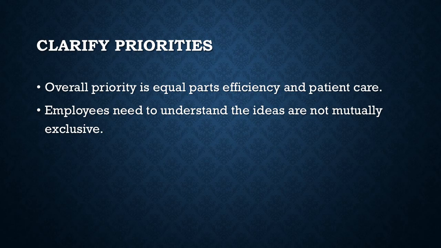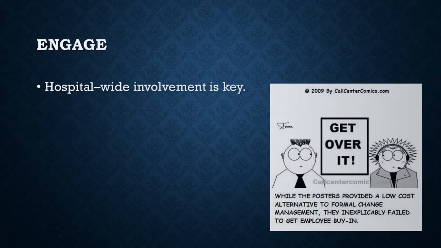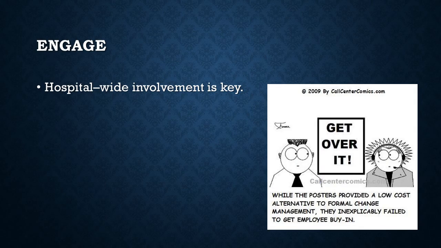A system of rewarding those who more greatly utilize the command center is key to the success of the command center. The entire company, from the CEO to the doctors and nurses, needs to be engaged in the organizational change for it to be successful.